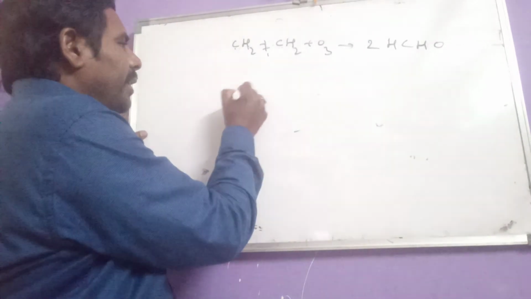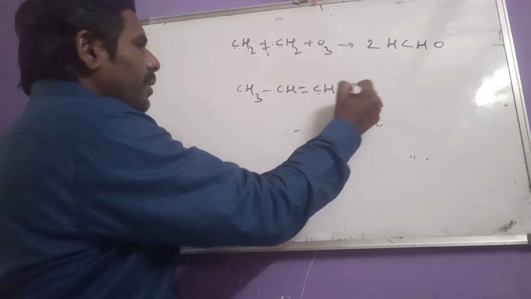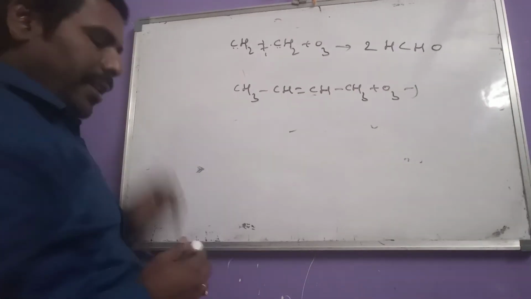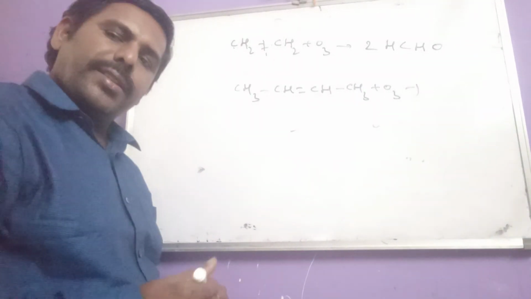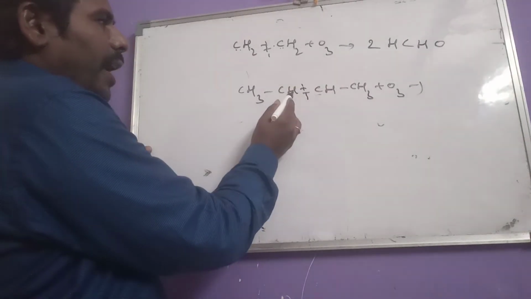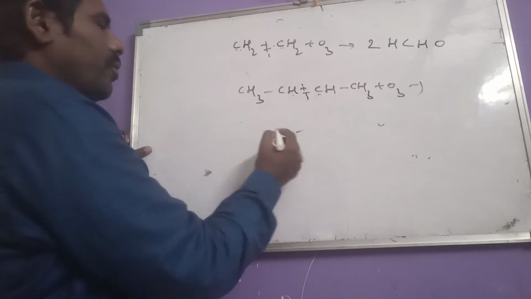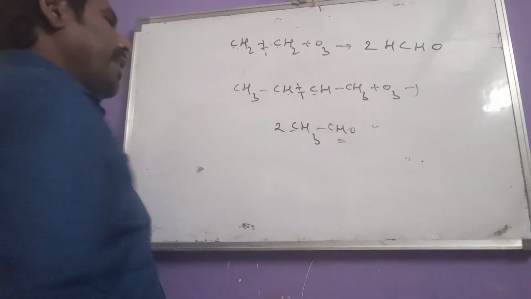Another example I give here, CH3CH=CHCH3, that means 2-butene. When subjected to ozonolysis, what are the products they give in the question? Just break the double bond here, add one oxygen to this carbon and to this carbon also. Then we get 2 moles of acetaldehyde.